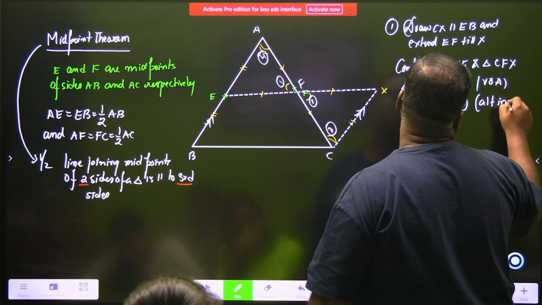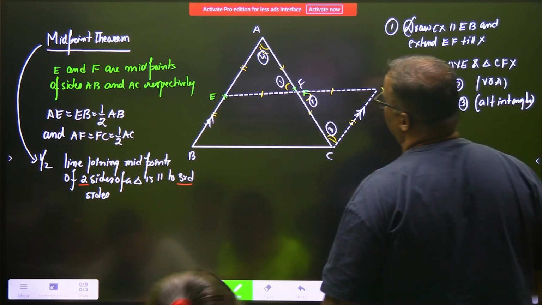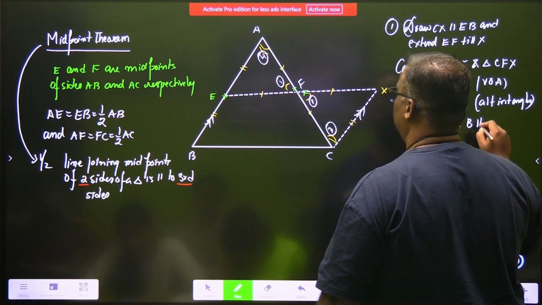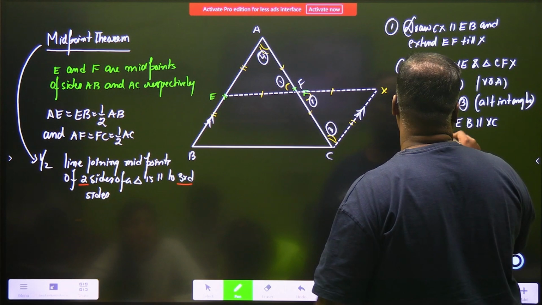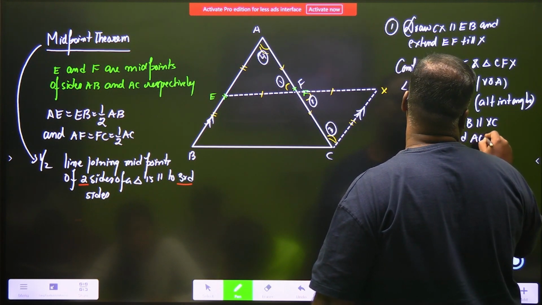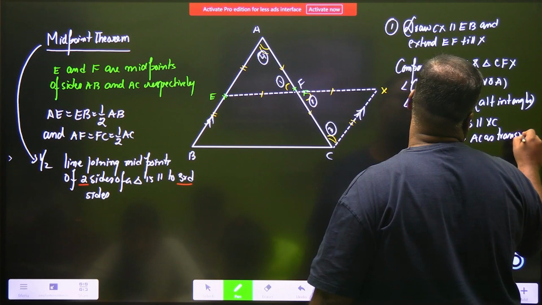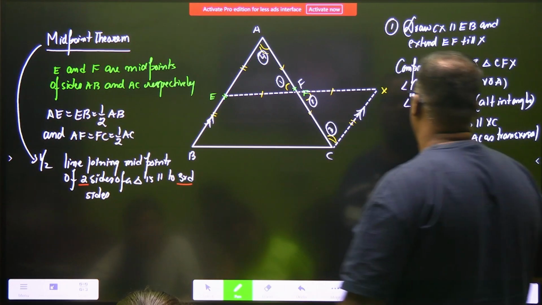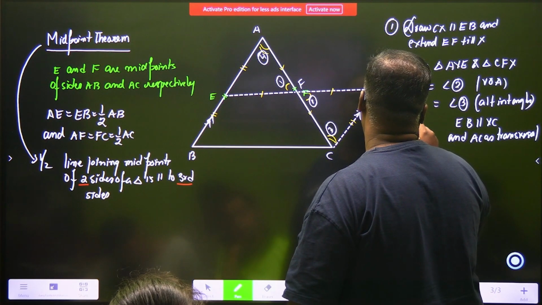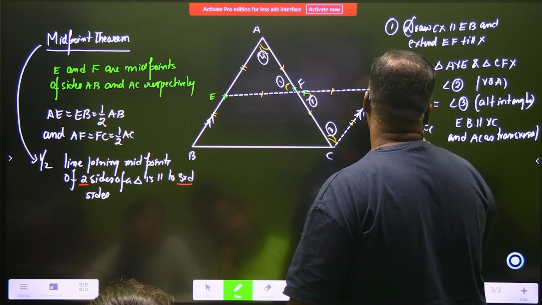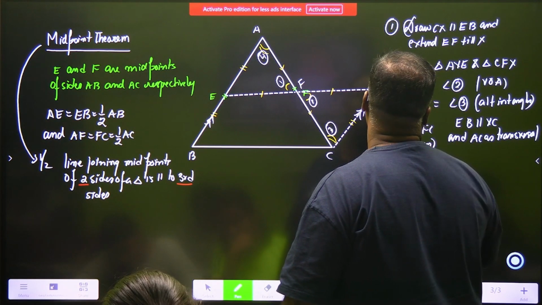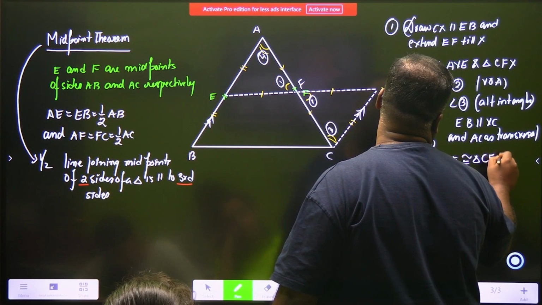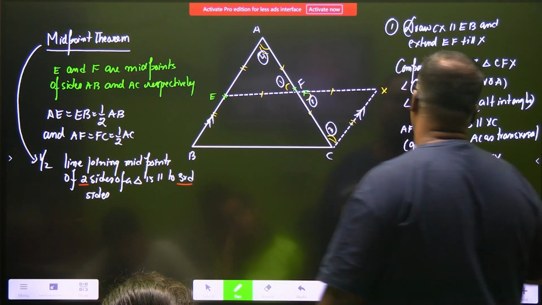Alternate interior angles. They are alternate interior angles for what? For EB parallel to XC and AC as transversal. Very good. And you can also say that AF is equal to FC. This is given to you since it is the midpoint. Therefore, triangle AXE is congruent to triangle CFX by ASA congruence criterion.